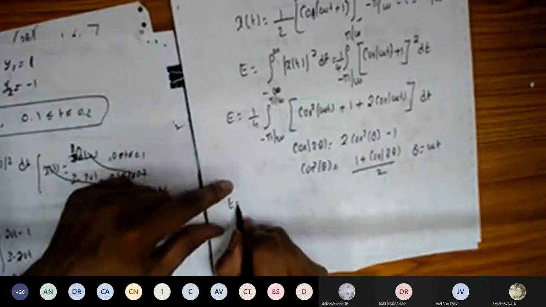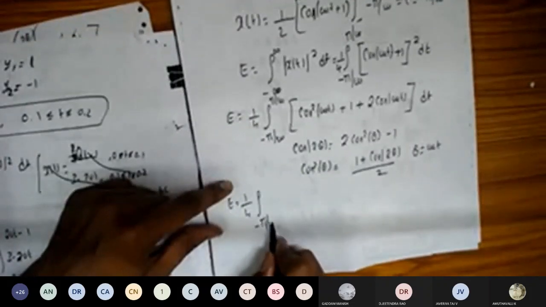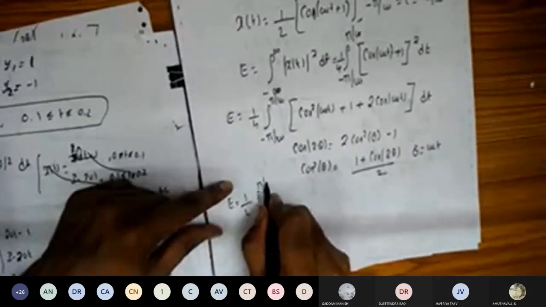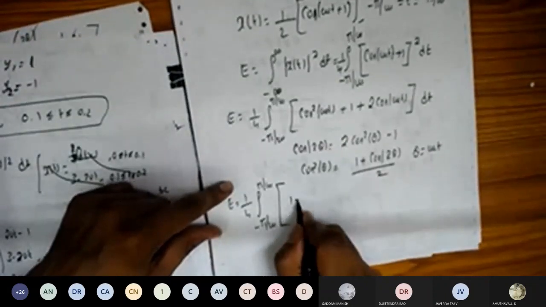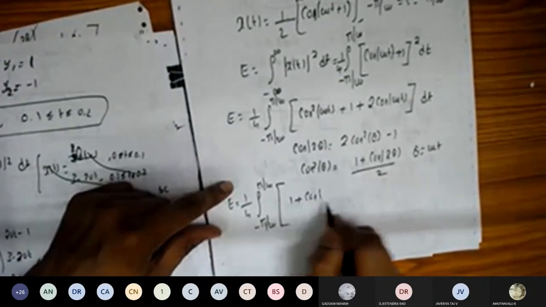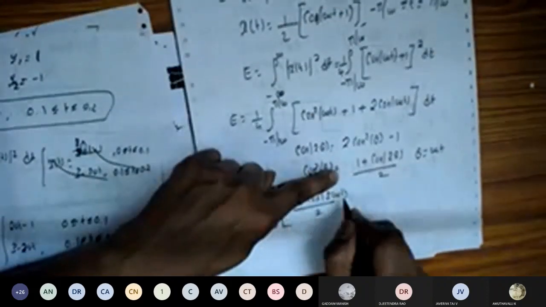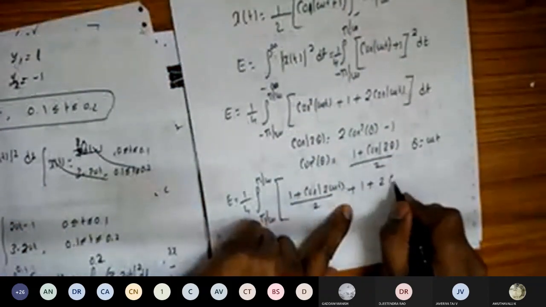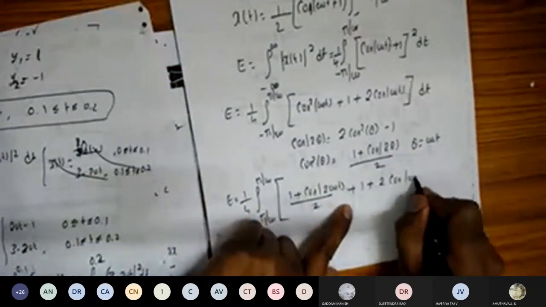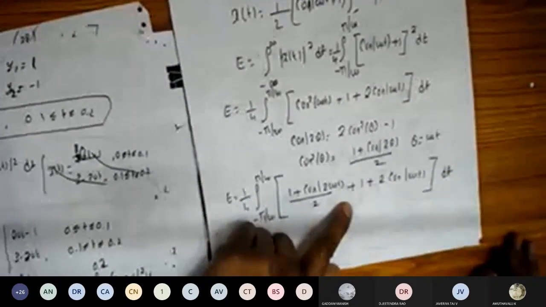So the energy of the signal is given by 1 by 4, the integral from minus pi by omega to plus pi by omega. Cos square omega t can be written as 1 plus cos 2 omega t divided by 2, plus 1 plus 2 cos omega t, with respect to dt.